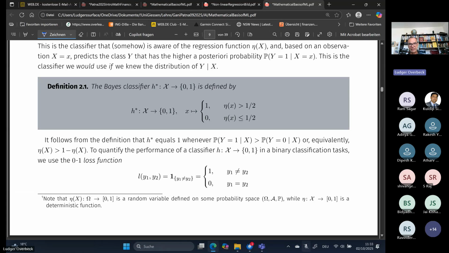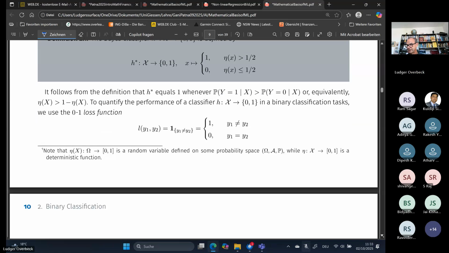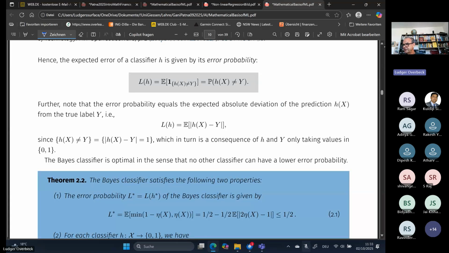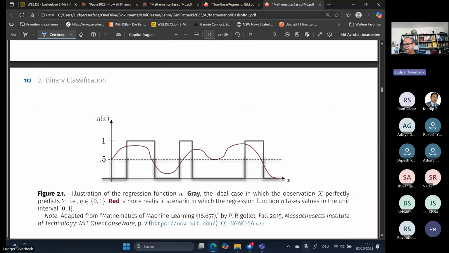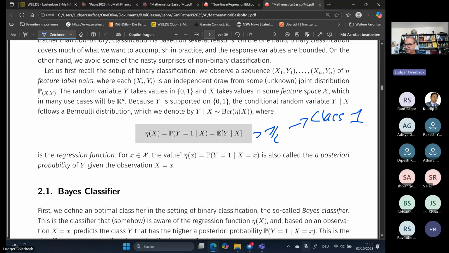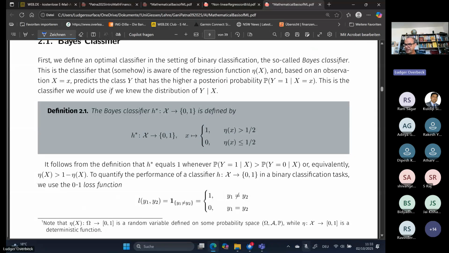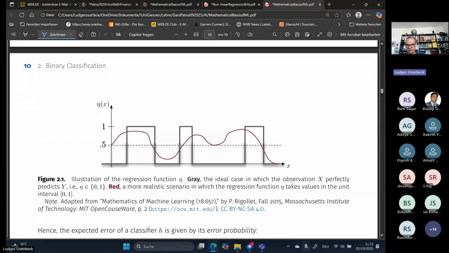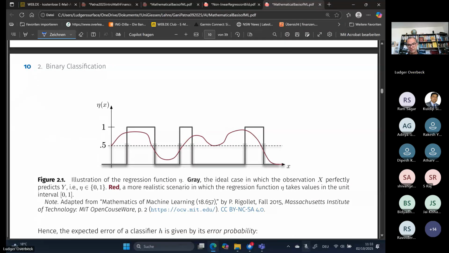But do we also have optimality of this one? Yes, we have optimality of this one. You see, if we would have the eta of x, it would work like this. The Bayes classifier takes the optimal L2 predictor, the conditional expectation, of this Bernoulli random variable.